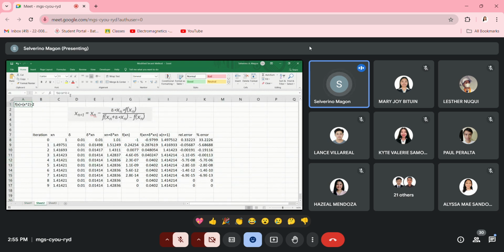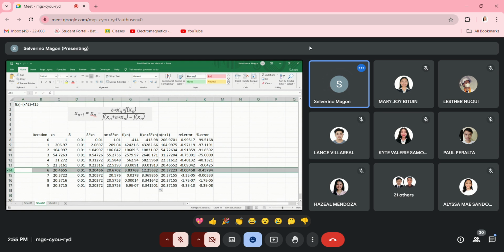So for the square root of 415, you just have to replace this thing with 415, same as this one, and then we'll just repeat the process. So 1 ppm was reached. So this is 1%.